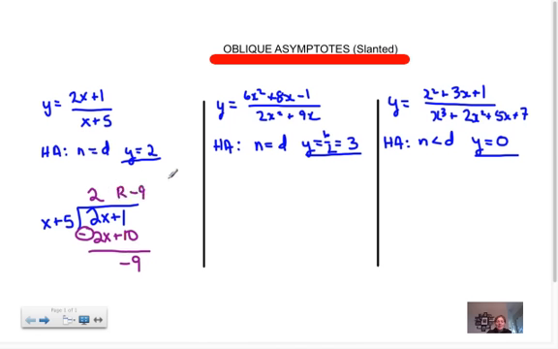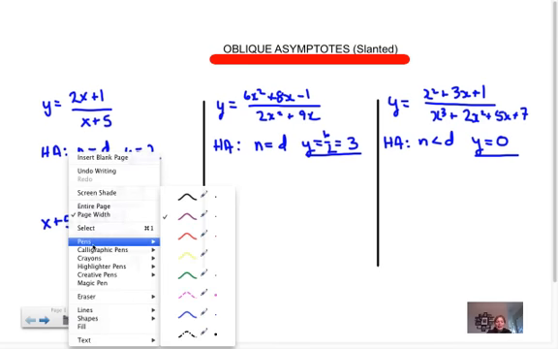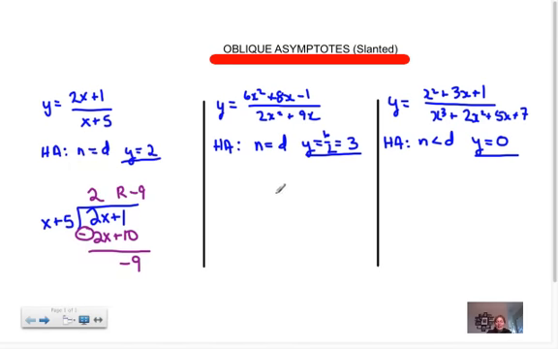Okay, take a look over at this one. Let's do the same thing, same idea. I'm going to take 6x squared plus 8x minus 1, and divide it by 2x squared plus 9x. So 2x squared goes into 6x squared 3 times. 3 times 2x squared is 6x squared. 3 times 9x is 27x.